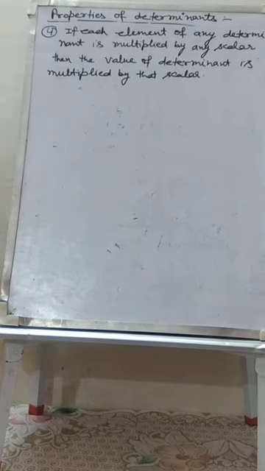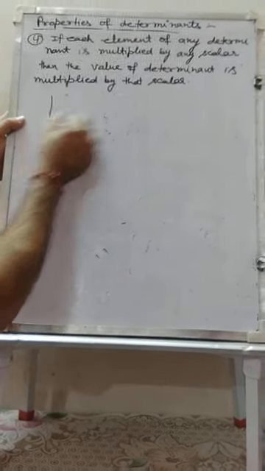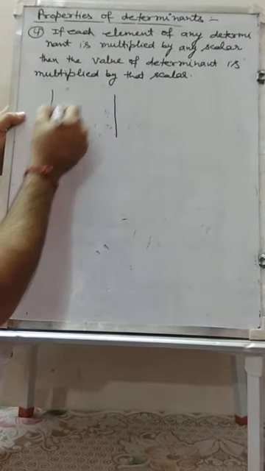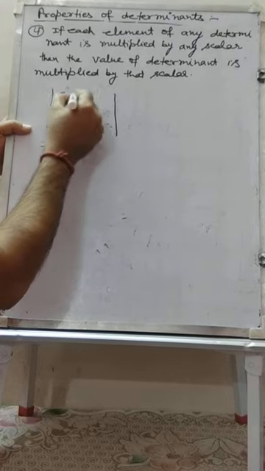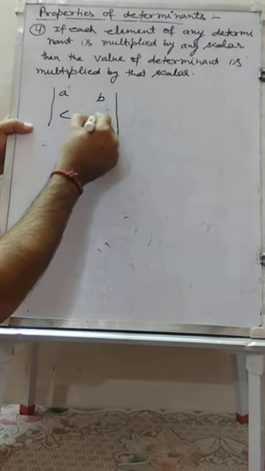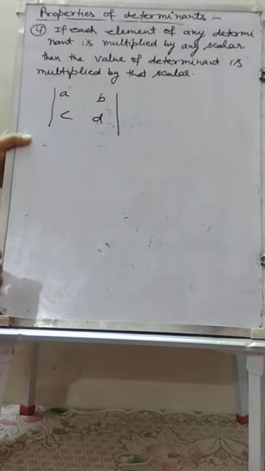Say for example, this is a determinant A, B, C, D. It is of order 2 by 2.